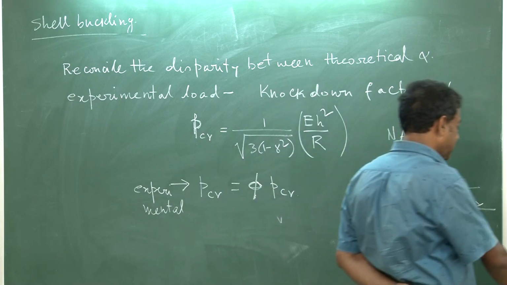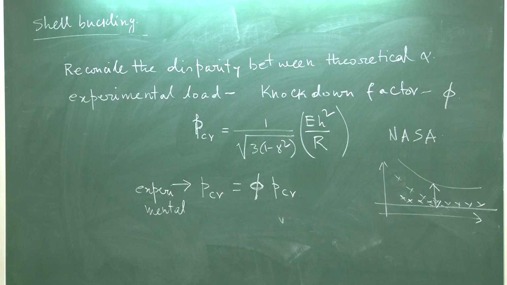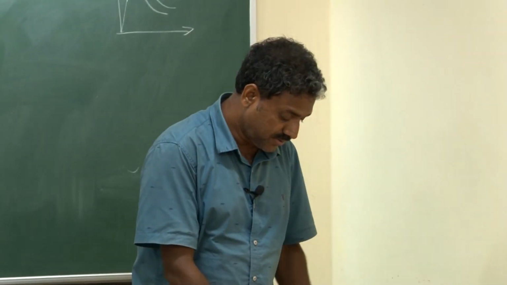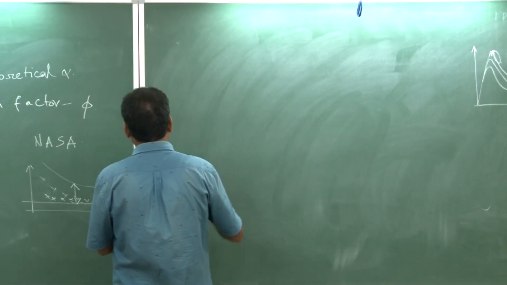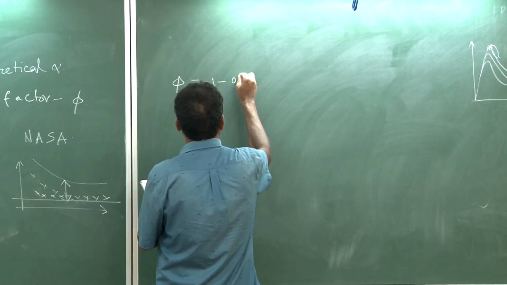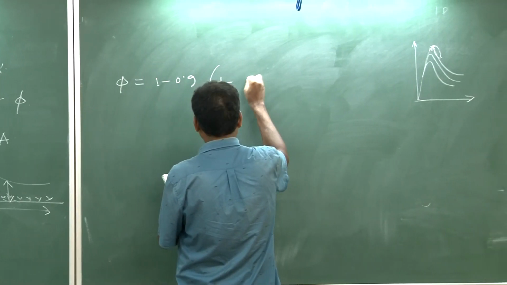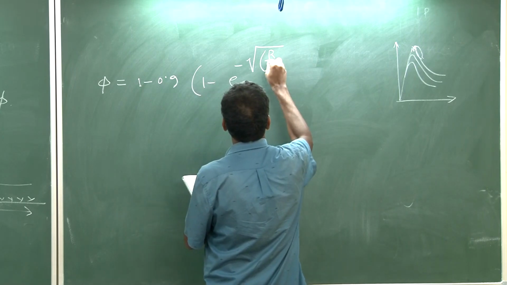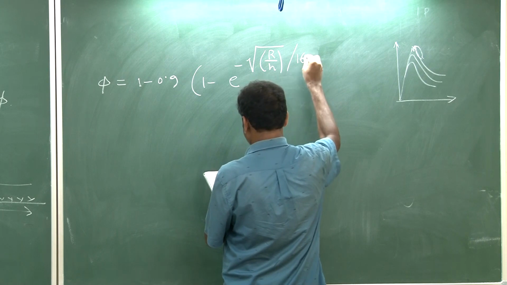So, you understand what the knockdown factor is. Of course, knockdown factors are proposed as a function of R by T. I will write down the expression for that. So, this knockdown factor for the shell, phi, is expressed as 0.9 into 1 minus e to the power minus (1 upon 16 root of R upon H), okay.